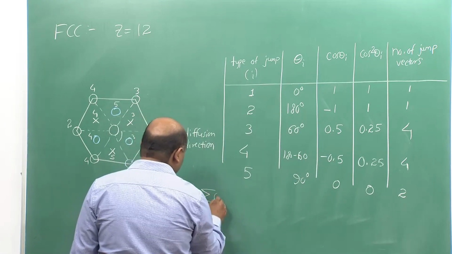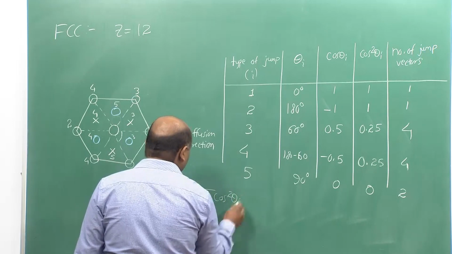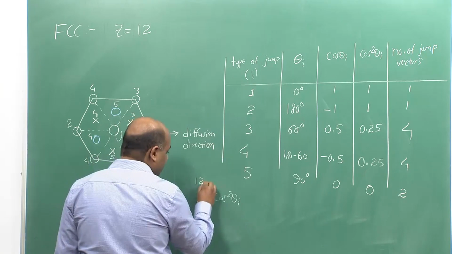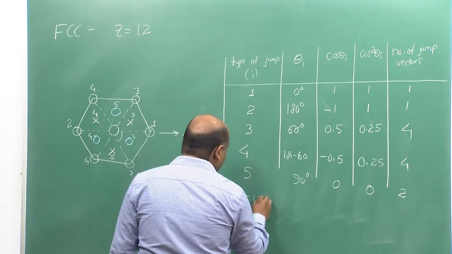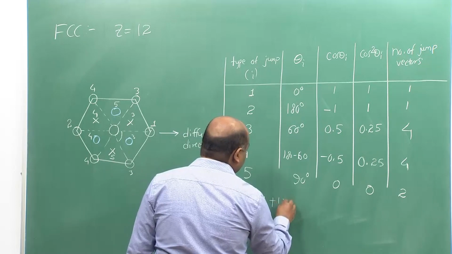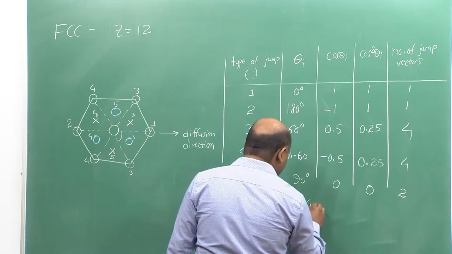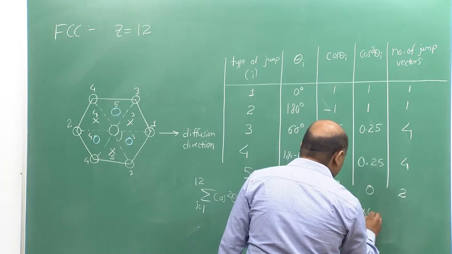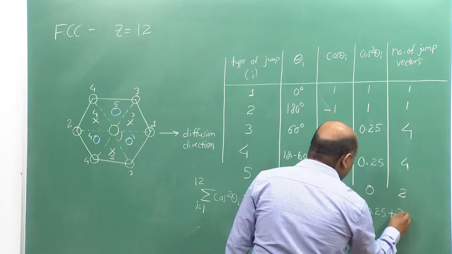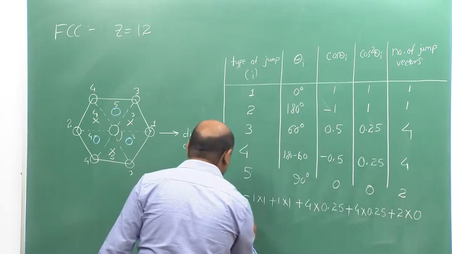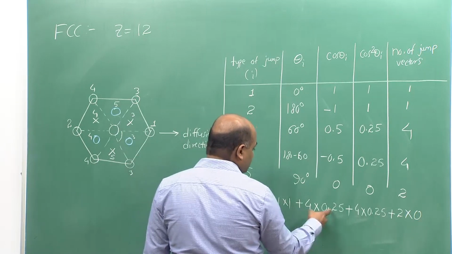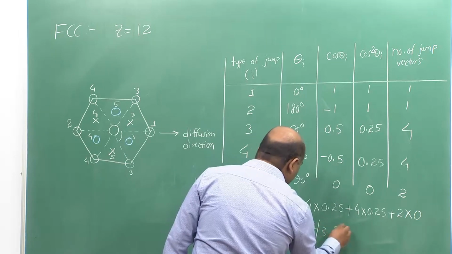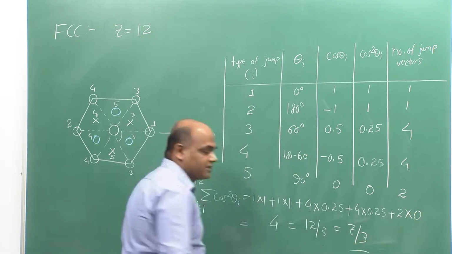So, if you take the summation of cos square theta I, and I varies here for FCC from 1 to 12, we have 1 atom times 1 plus 1 atom times 1 plus 4 atoms with cos square theta of 0.25 plus 4 atoms with cos square theta of 0.25 plus 2 atoms with 0, which comes out to be 1 plus 1 is 2, plus 1 is 3, plus 1 is 4, which is 12 by 3, or simply Z by 3.